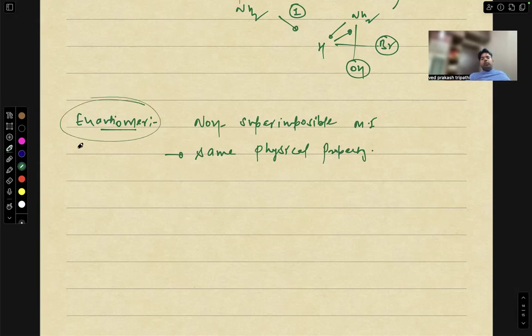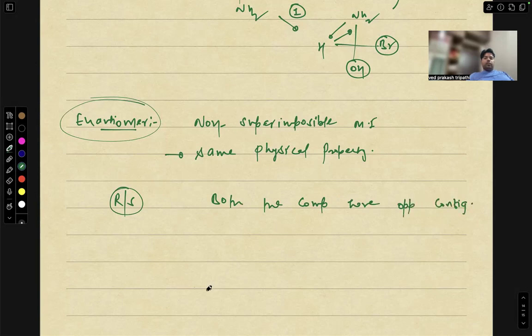And now we are going to apply both the rules, RS and exchange. So let's talk about the very first, RS. So here we can say both compounds have opposite configuration.